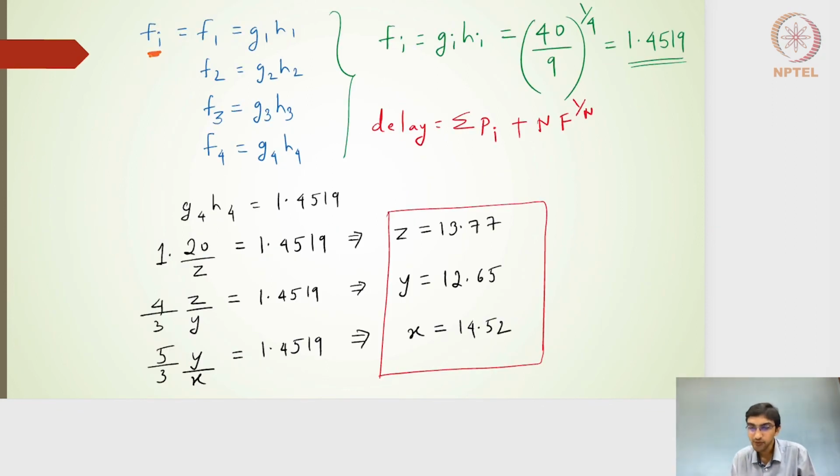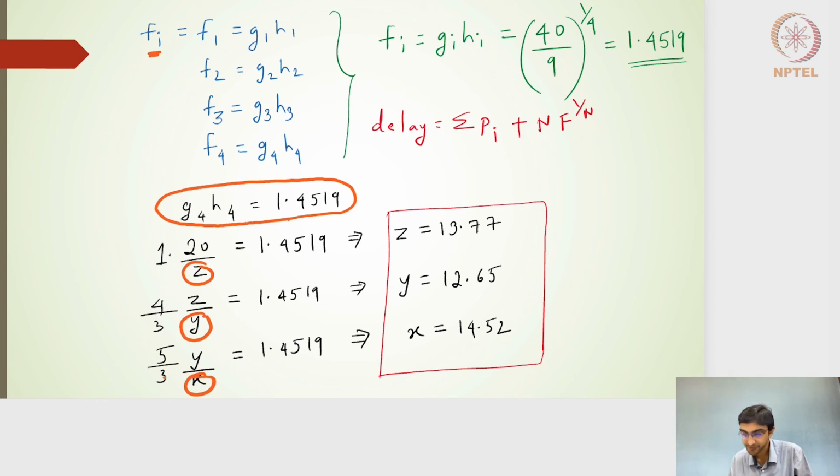So my individual f values, f1, f2 and f3, I know that it will be nothing but 40 by 9 raised to 1 by 4, which will be nothing but 1.4519. All right. And if I actually divide by 1.4519 through the individual G4H4 and then G3H3, G2H2 and G1H1, I should be able to find out the individual variables of X, Y and Z. Right?